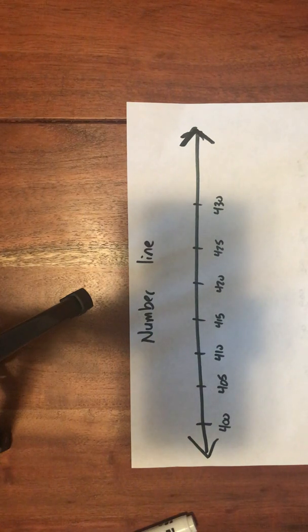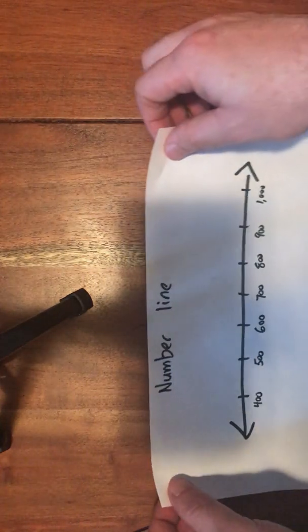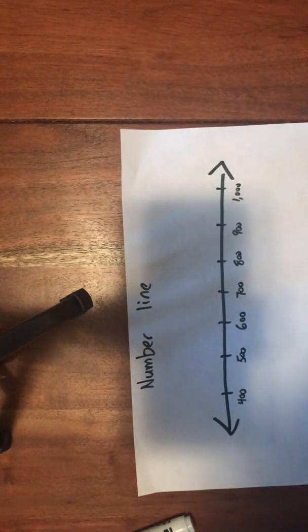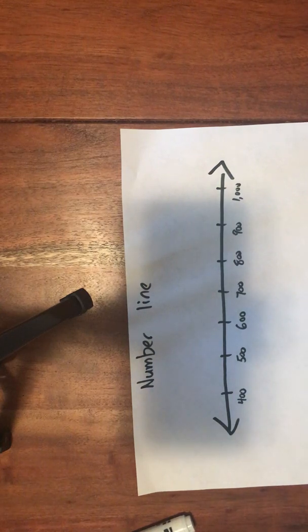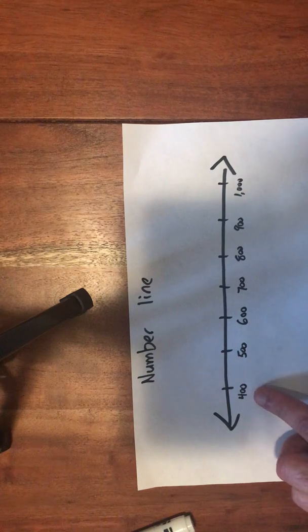Let's take a look at a slightly different number line. What is the same about this number line and what is different? For those of you who've been looking really closely, you might have noticed both number lines started at 400.